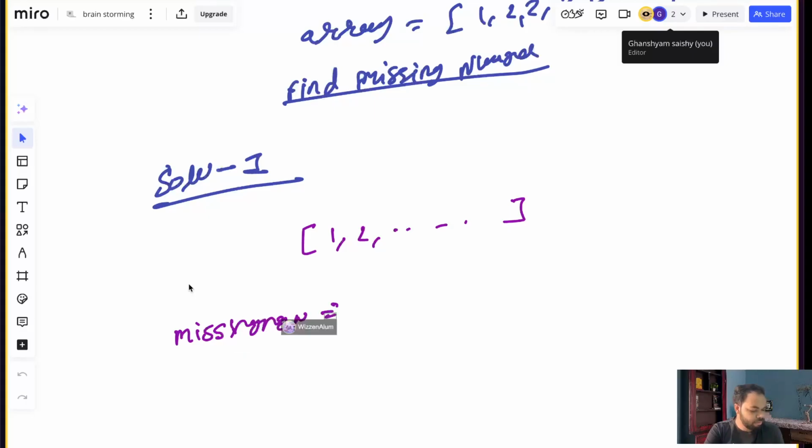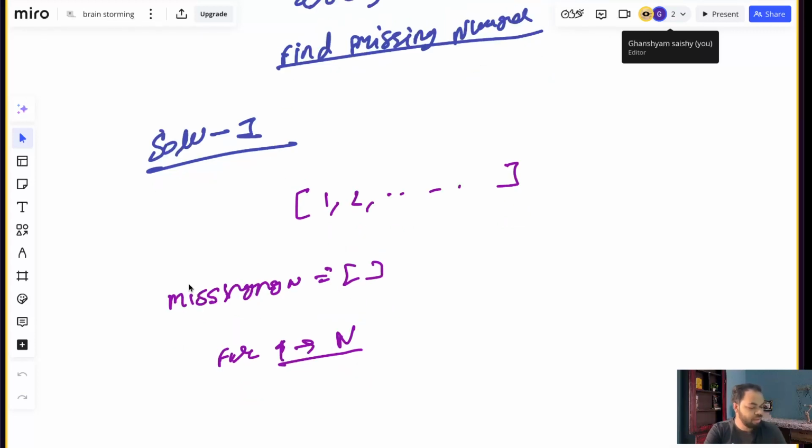I'll write a for loop which starts from 1 and ends at n, and looks for 1 inside this array. Okay, 1 is present, yes, I don't put it in missing number. 2 is present, yes, not put in the missing number. 3, oh, 3 is not present, then I'll put it into the missing number. And that's how you will get to know. But it will take big O of n square time complexity, right?